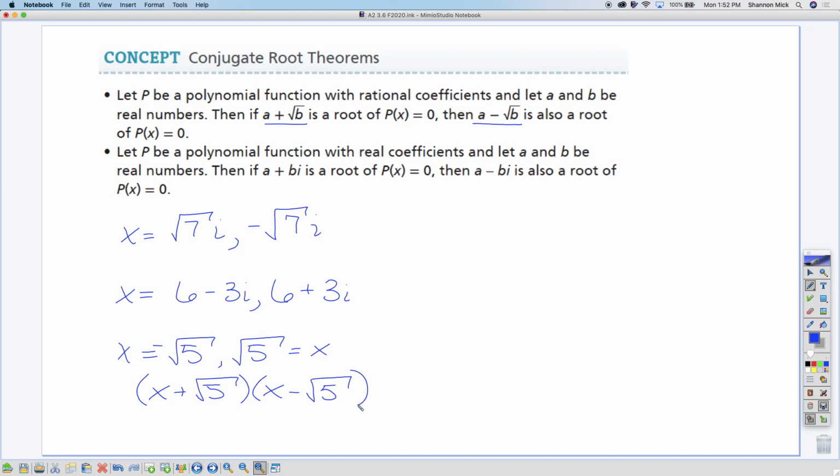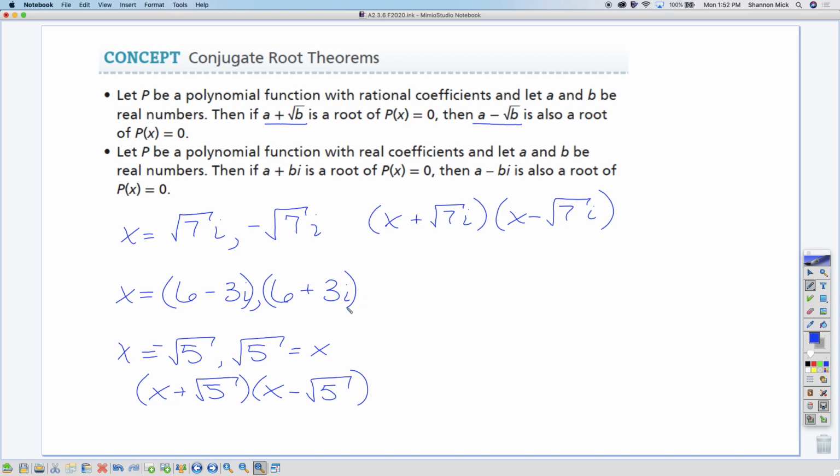Now, where did this one come from? x plus square root of 7i and x minus square root of 7i. Okay, those are easy. What about this? The 6 minus 3i.